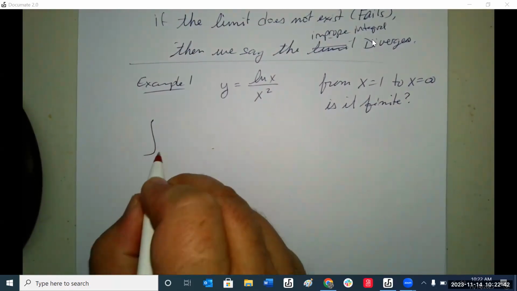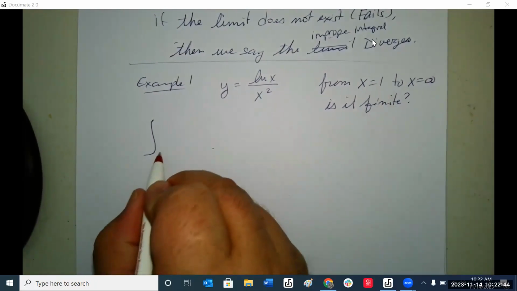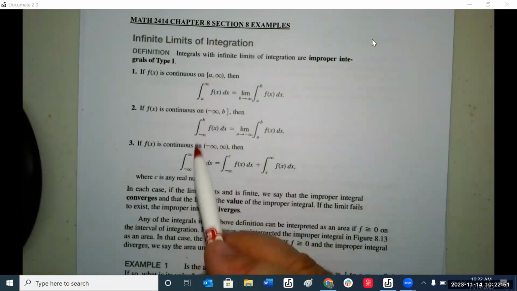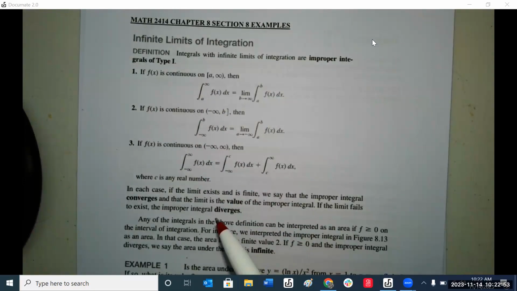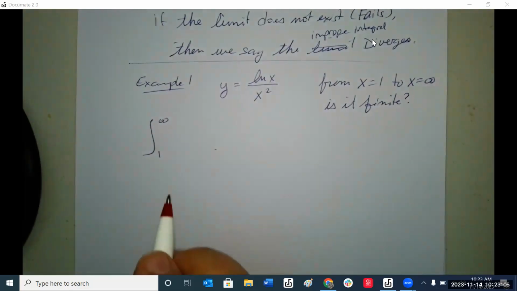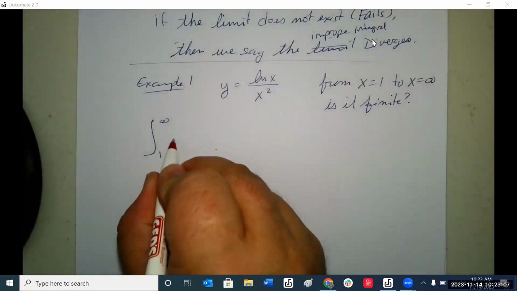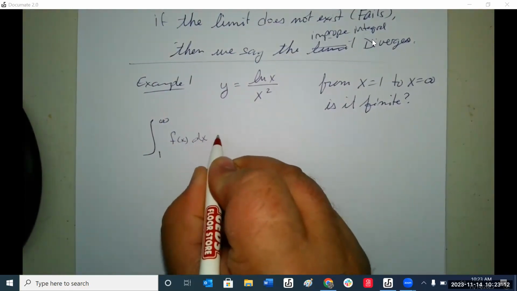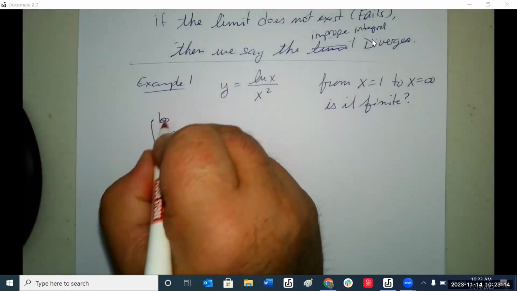So what are we looking for here? These are our 3 conditions. So we're going to look at the first one, going from some number 1 to infinity. No, this is going from 1 to b.